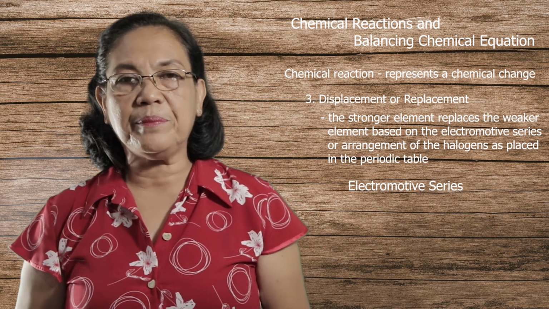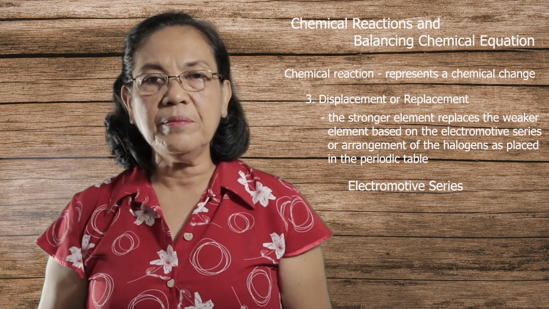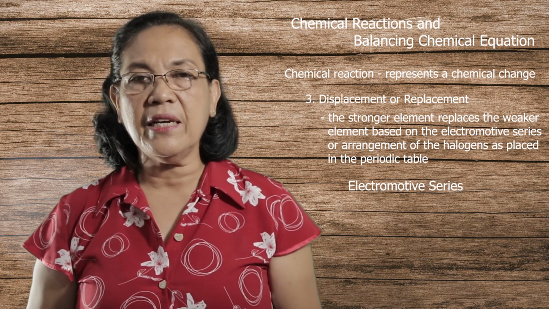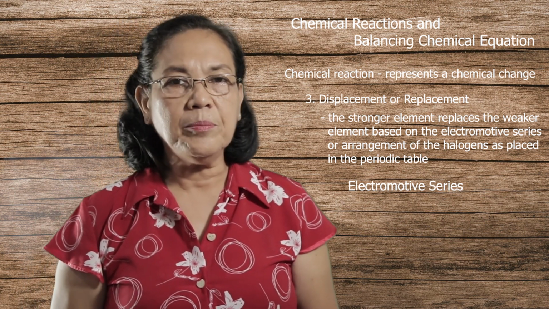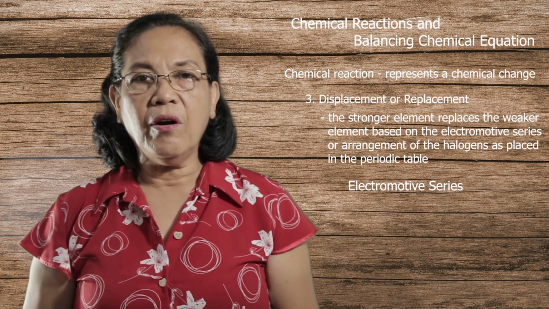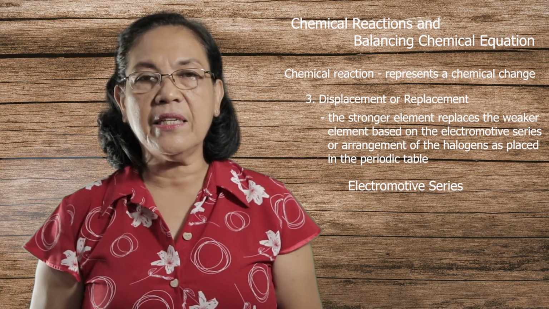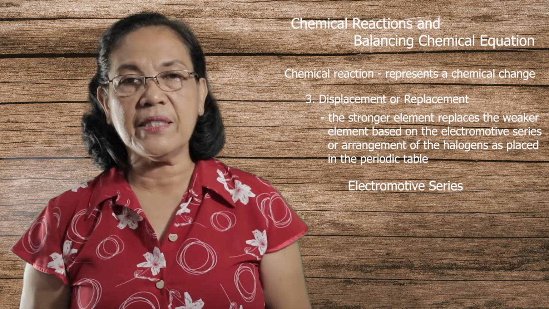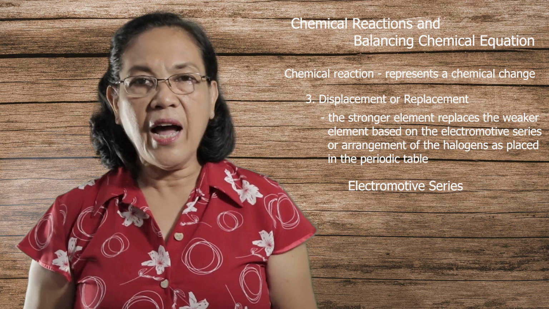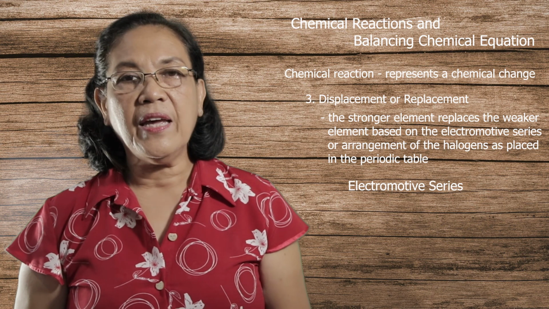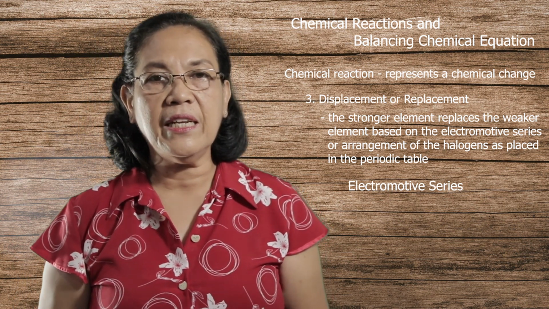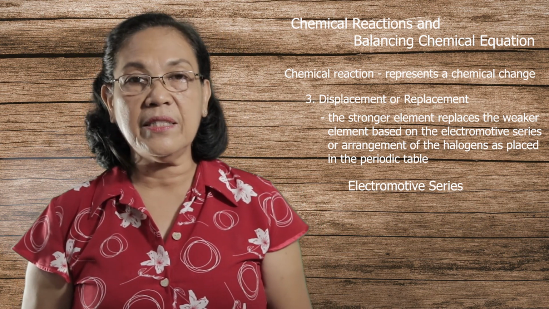For example, the lithium is placed as the highest in the list. So lithium can displace all other metals in the electromotive series because the higher it is listed, the stronger the metal. And the lower it is listed, the weaker is the metal.